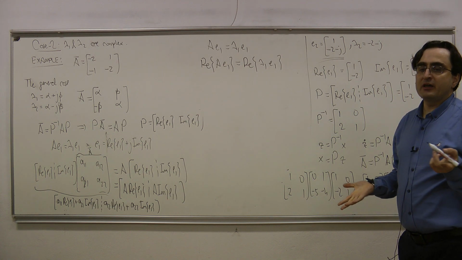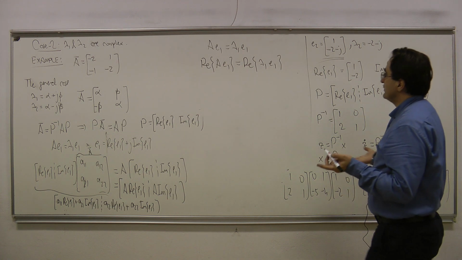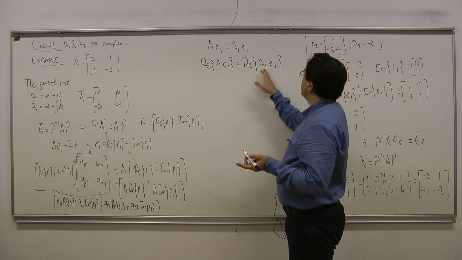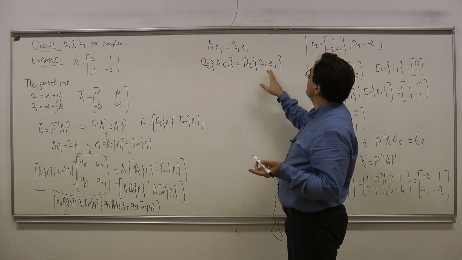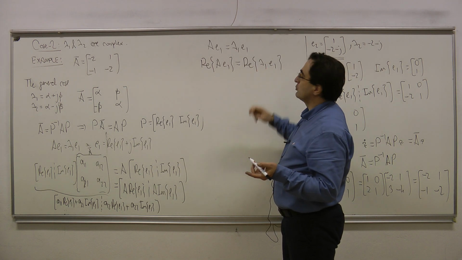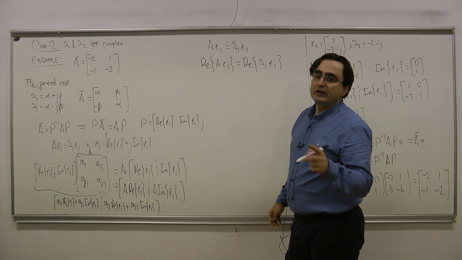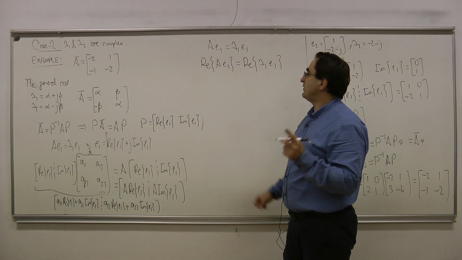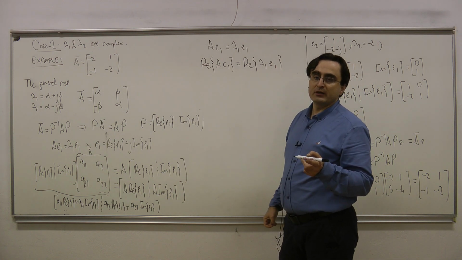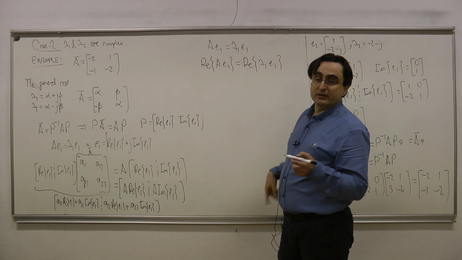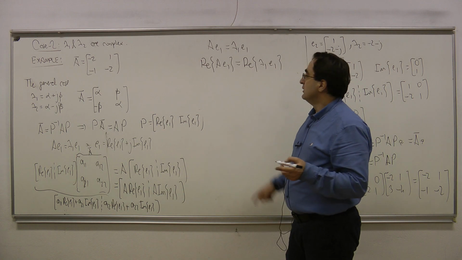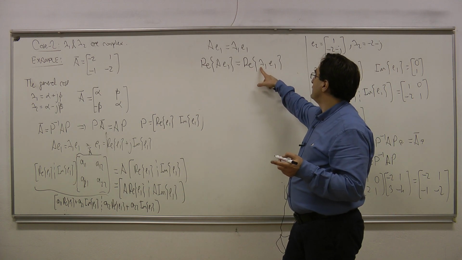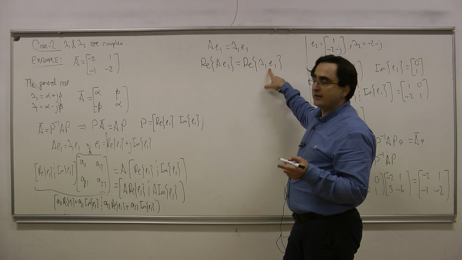Now here you should be careful, because in this case real operator really cannot be distributed over multiplication. It can be only distributed over multiplication if one of the elements of the multiplication, one of the multiplicants, is actually real. Here, this is a complex number. This is a complex vector.